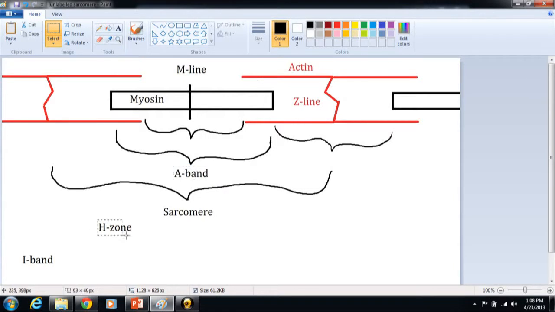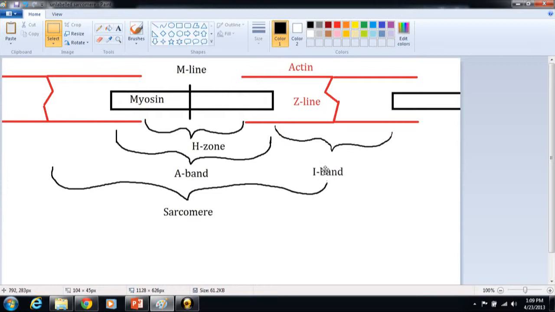The H zone, or the Hele zone, Hele for light, it's Latin for light, is the part of the myosin where there is no actin overlapping. So in the H zone we only have myosin, there's no actin at all. Okay, the I band then is the opposite of the H zone.